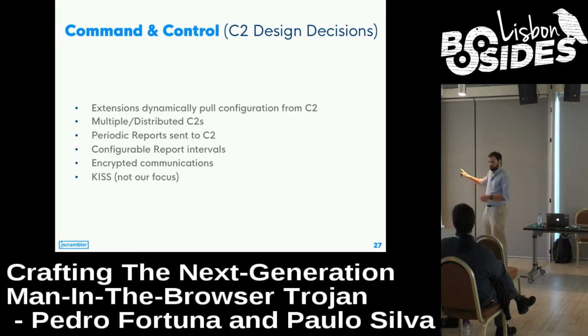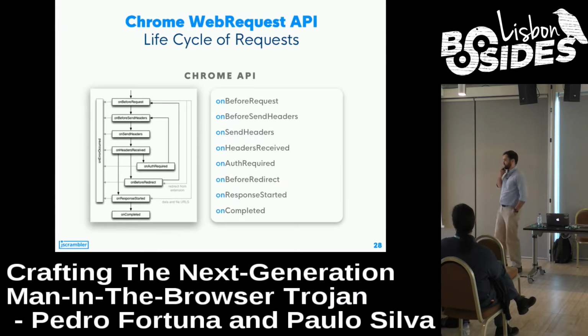So, this was not our main focus, so we kept it simple, but we made something distributed, so we have plenty of servers spread all over the world, and they can send the stolen data and pull configurations and implants from everywhere. They send the reports, and then everything gets pushed to an Elasticsearch instance because we were expecting much data, so let's keep it simple and get the right tool to get the job done.